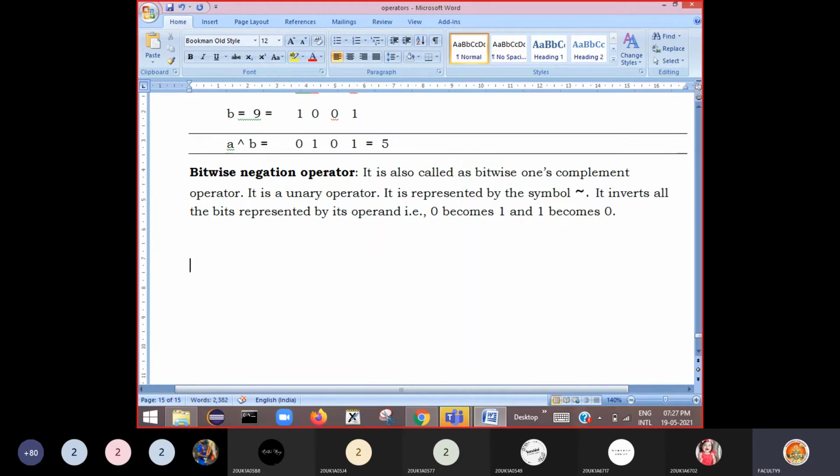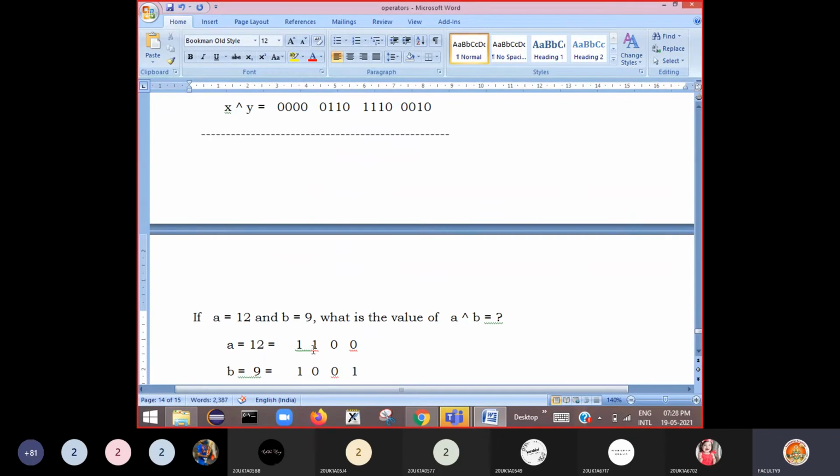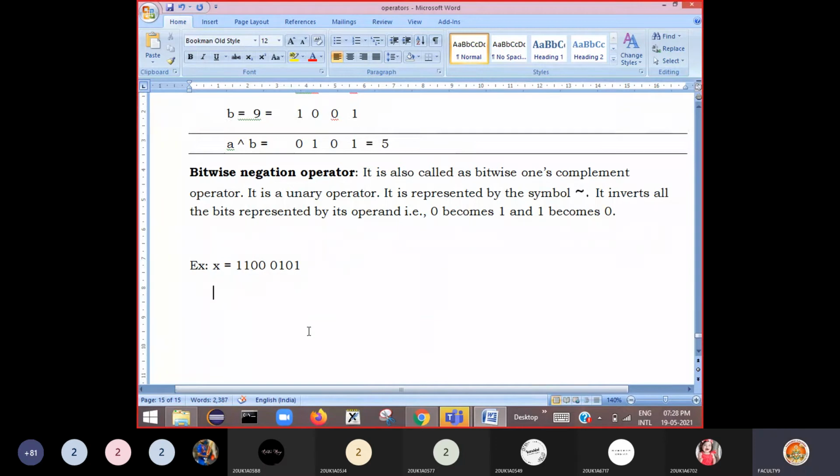Let me take an example here. Say x is equal to 1 1 0 0 0 1 0 1. If this is x, then if I write the negation of x, otherwise shall we take this 12 here? Just an example.